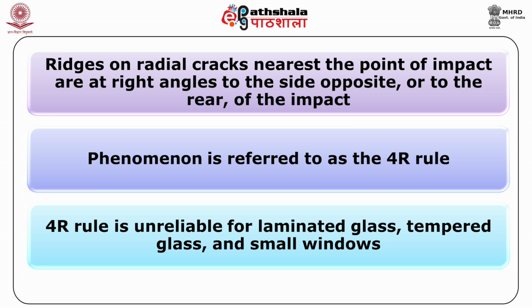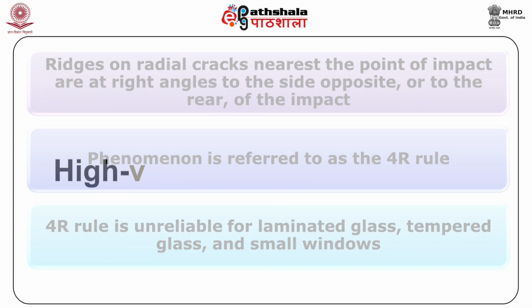This phenomenon is referred to as the 4R rule: ridges on radial cracks are at right angle to the rear. The 4R rule is unreliable for laminated glass, tempered glass, and small windows tightly held in a frame.